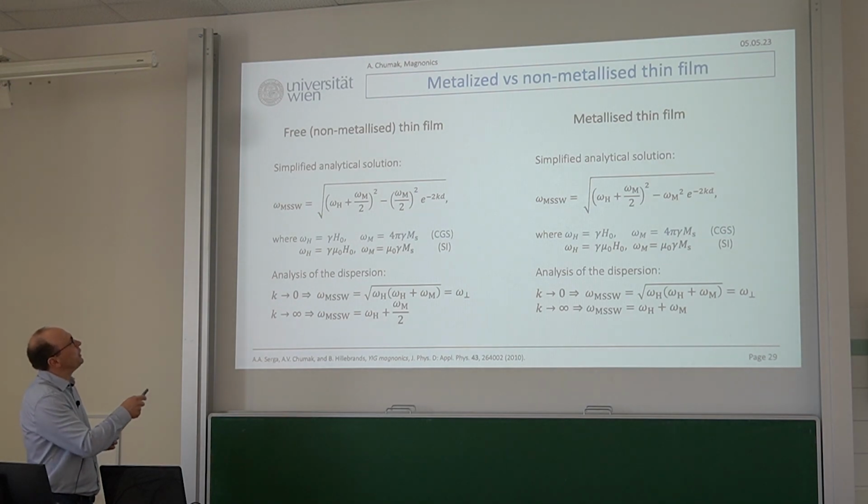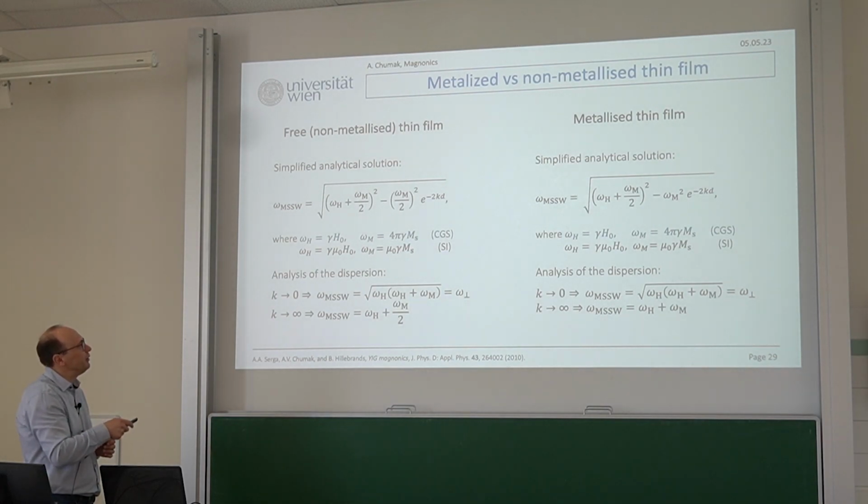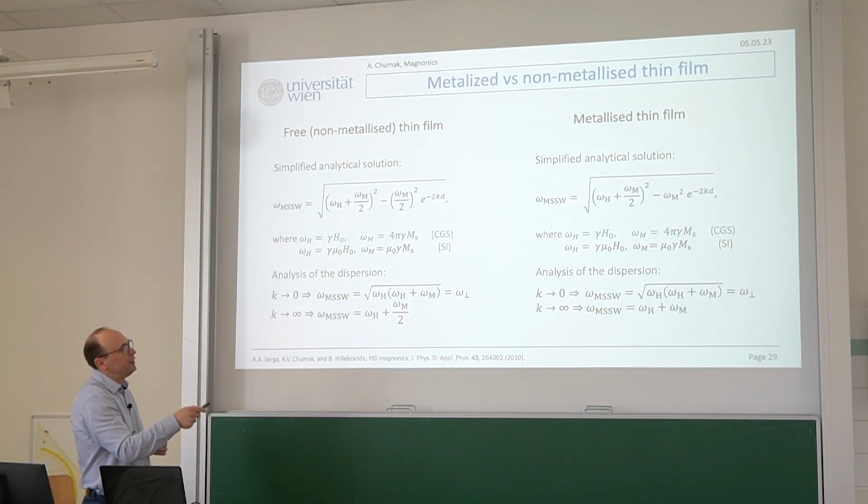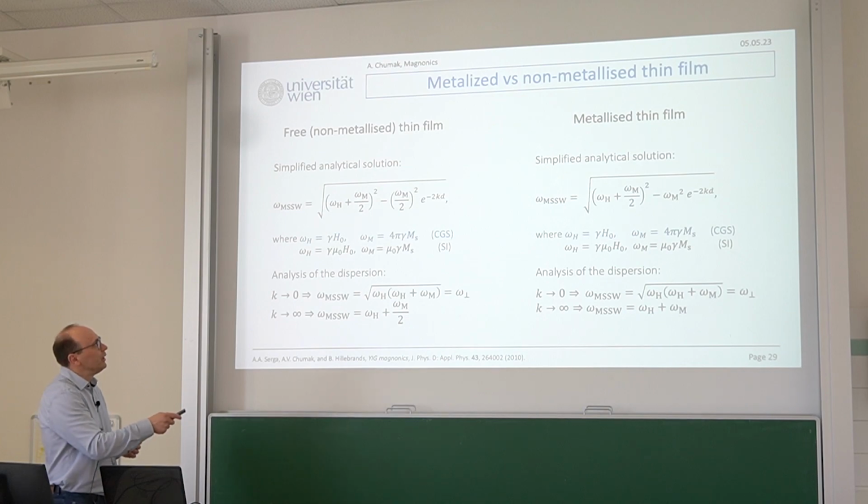But it will give you the following situation, that in the case of free non-metallized thin film, for the dispersion you can use this simplified equation, and we have these two frequencies where it starts and where it finishes. When you have metallized thin film and you study Damon-Eshbach, you see that this changed, and here you can use this dispersion curve.